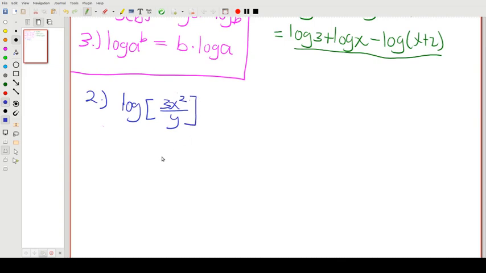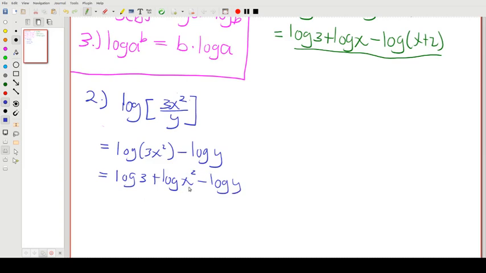Again, we've got this thing divided by this thing. So we'll say log of the top, which is 3x squared, minus log of the bottom, which is y. Then we can say here we've got things multiplied together. So we've got log of 3 plus log of x squared, and then minus log y.